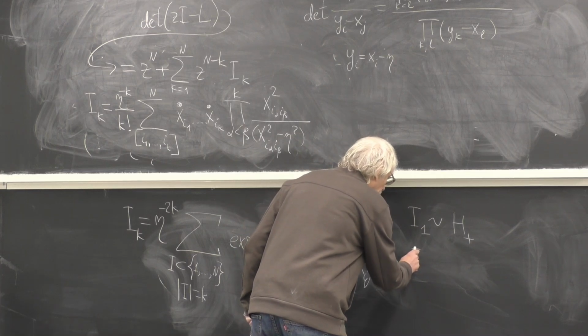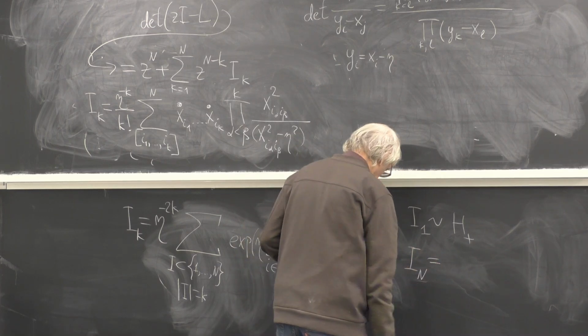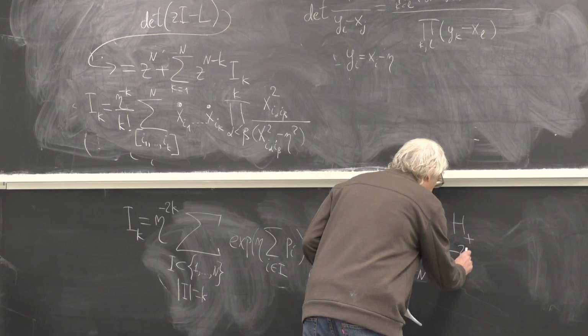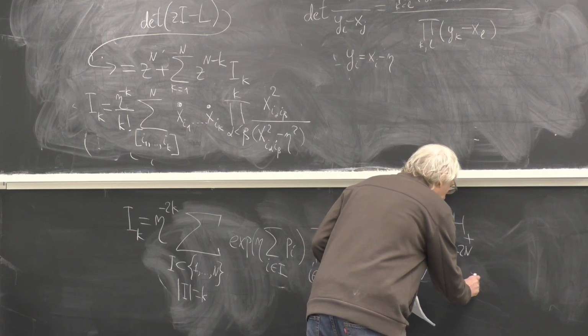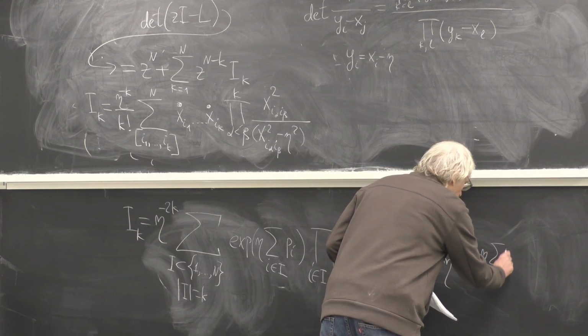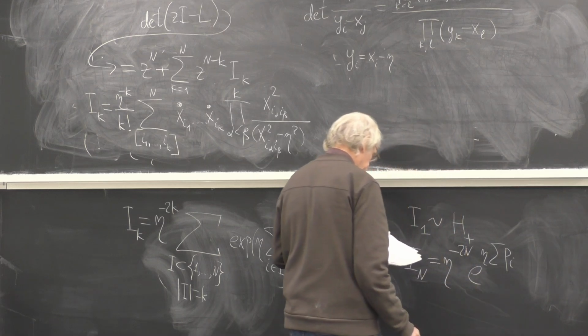And In has a very simple form. It is some constant times the exponent of the total momentum.